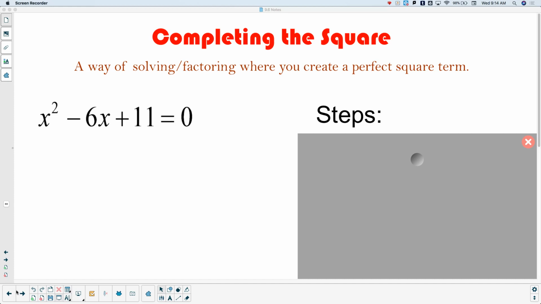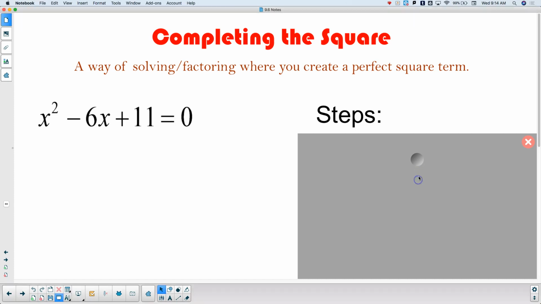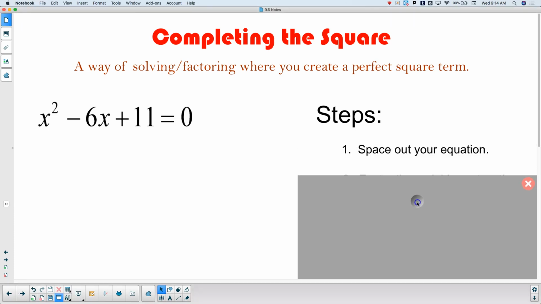So, the first step in completing the square is you are going to space out your equation. And how you're going to space it out is this.